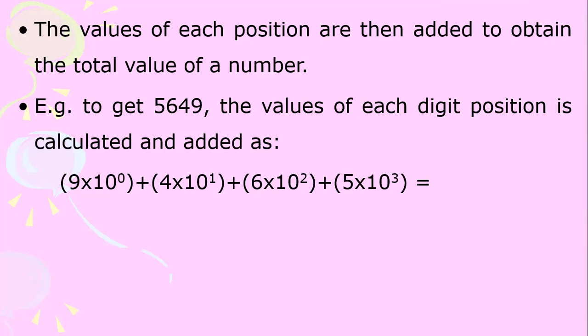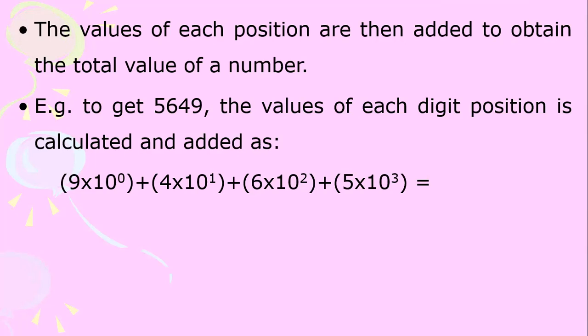So in this case, because our number 5649 is a decimal, we move as follows: 9 times 10 raised to power 0, plus the next digit, which represents place value of tens, so it is 4 times 10 raised to power 1, plus 6 times 10 raised to power 2, plus 5 times 10 raised to power 3.